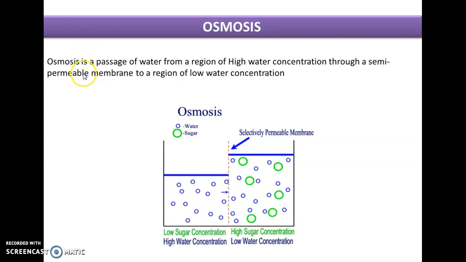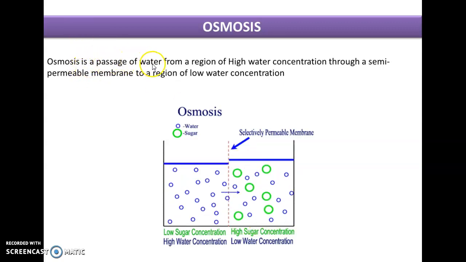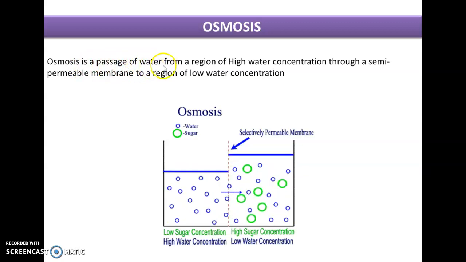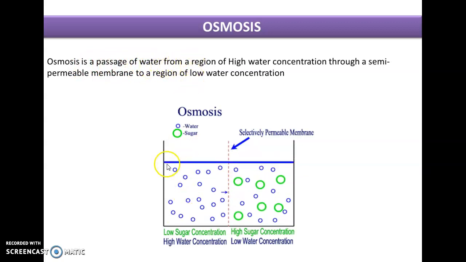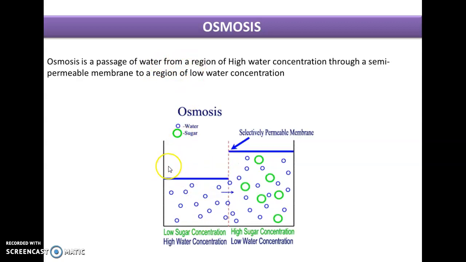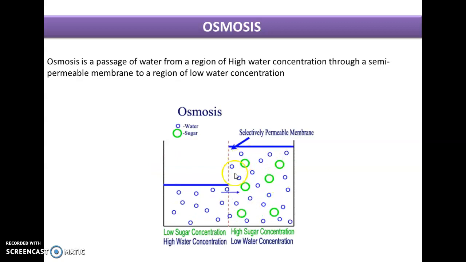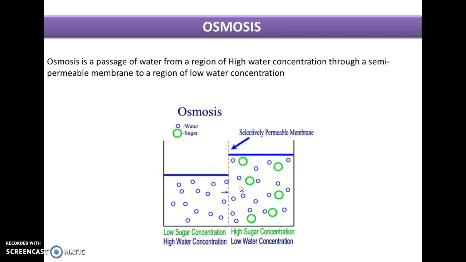We know that osmosis is a passage of water, right? Osmosis is a passage of water or solvent from a region of high concentration towards the region of lower concentration of solvent through a semi-permeable membrane.